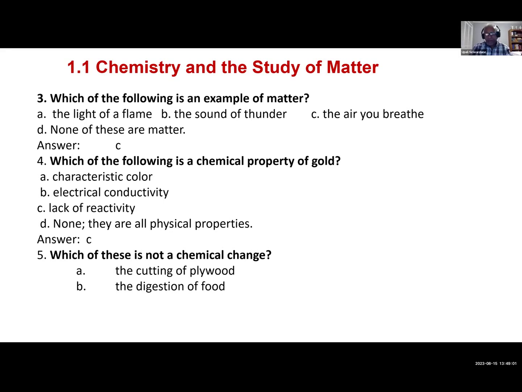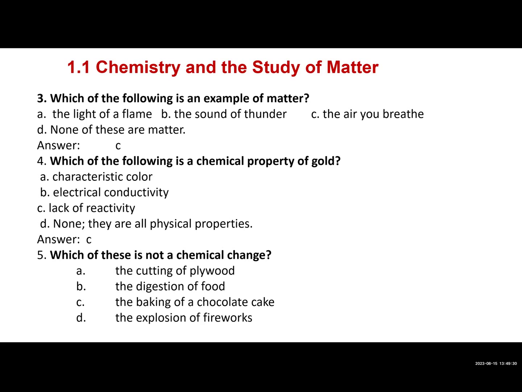Any cooking or digesting food, burning are chemical reactions. Therefore, baking of a chocolate cake is what? Chemical, because what forms after baking is different from the ingredients you start with. It changes. Okay, I'm getting it.